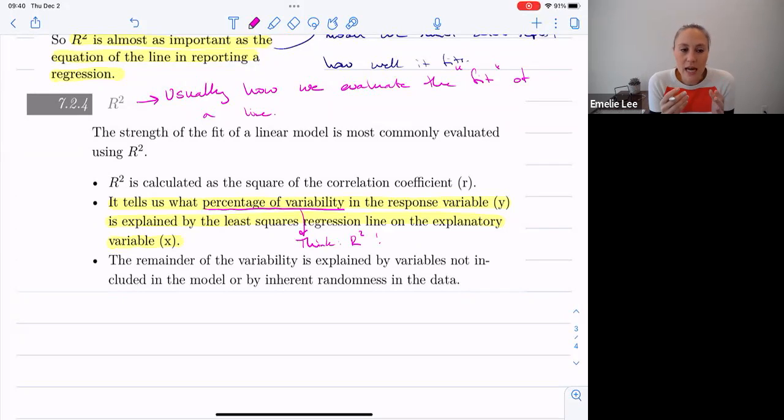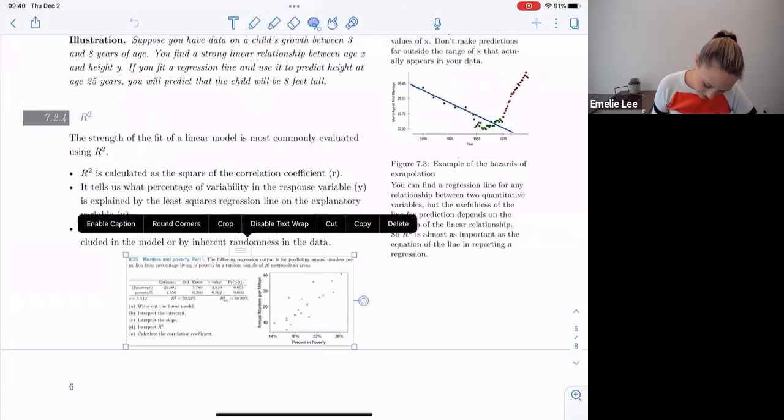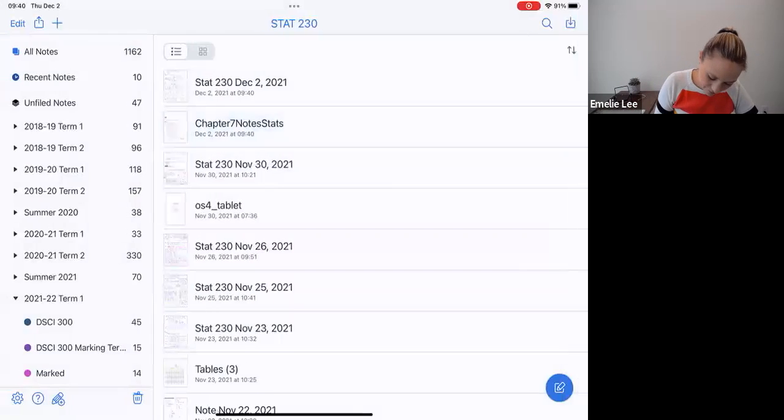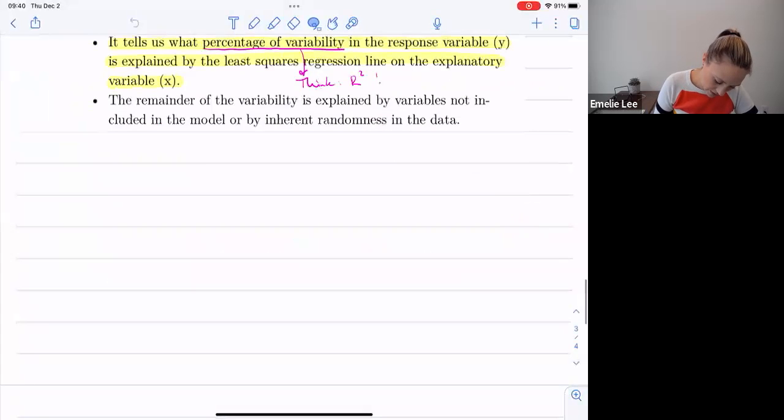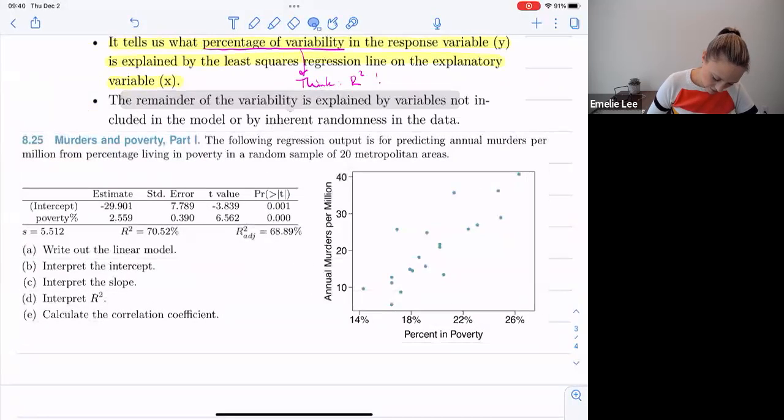So we understand that the line that we fit is not going to capture all the activity. Unless that activity is exactly on the line, then it's impossible. So R squared tells us what percentage of that activity has been captured by this line. So some typical output that we get, and I added this, so I'm going to just copy. It's going to look like this.